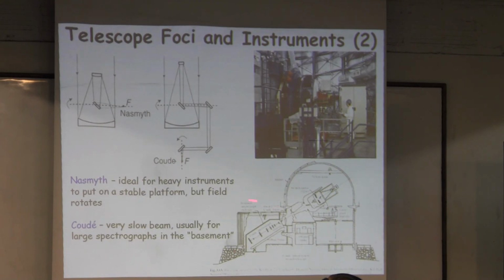And then, because it's in the basement, you have space, you have a large available platform, and then you can put a high resolution spectrograph there, which requires a lot of optics and space. This is what you can find in most old observatories.